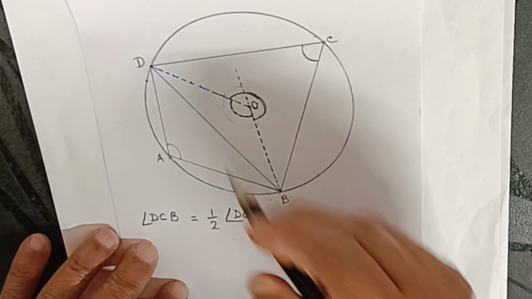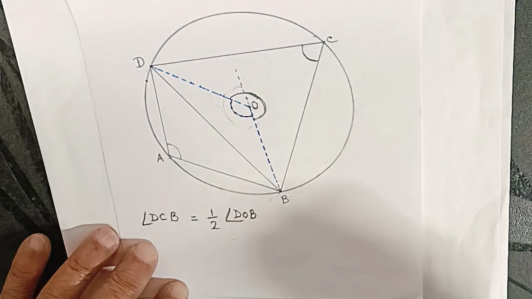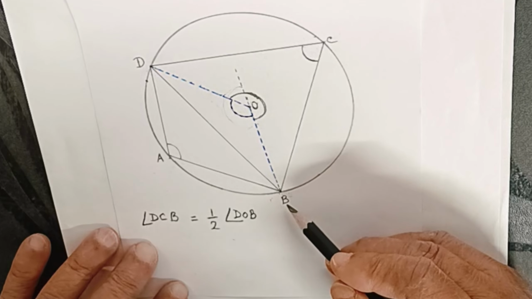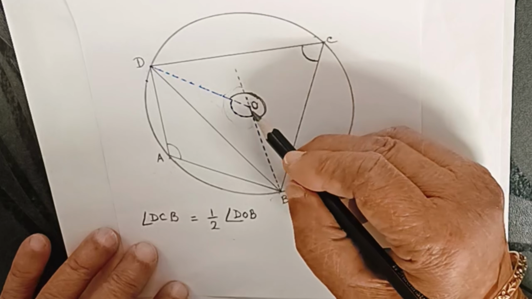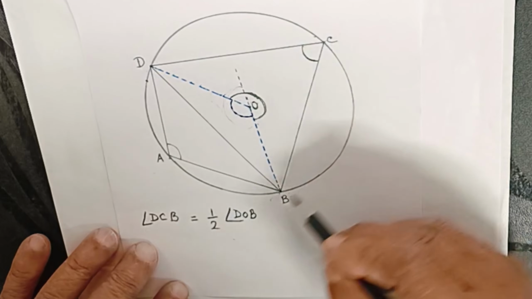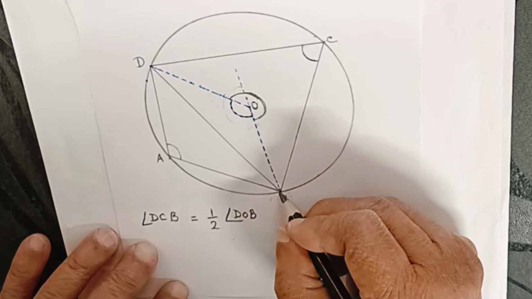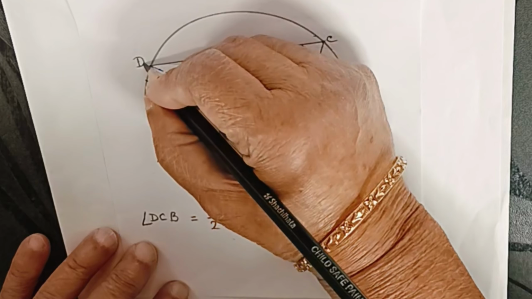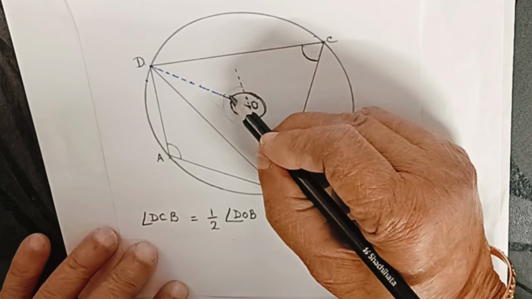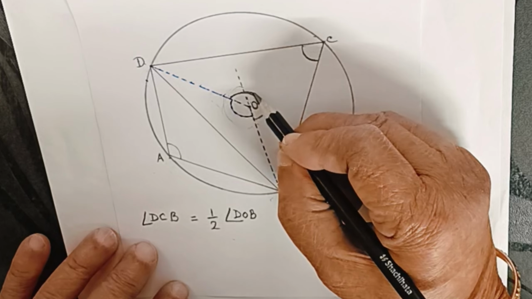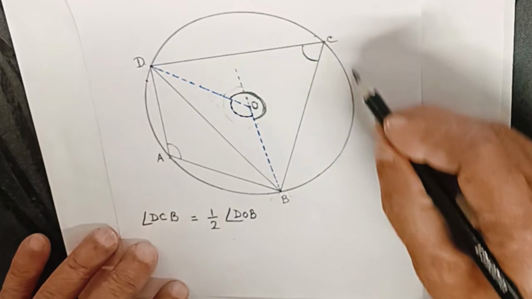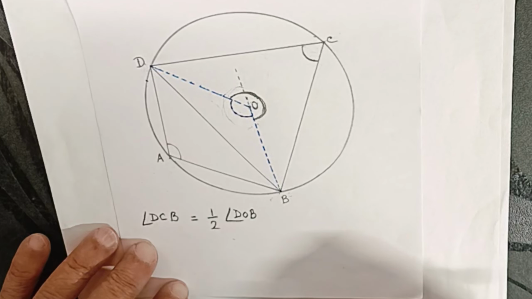Now let us go to the major arc. The major arc DCB subtends an angle at the center O, which is bounded by the major arc on one side and the two radii BO and DO on the other side. Thus, this is a reflex angle subtended at the center by major arc DCB.